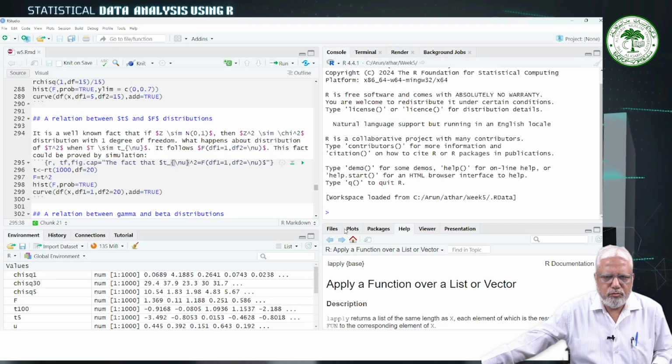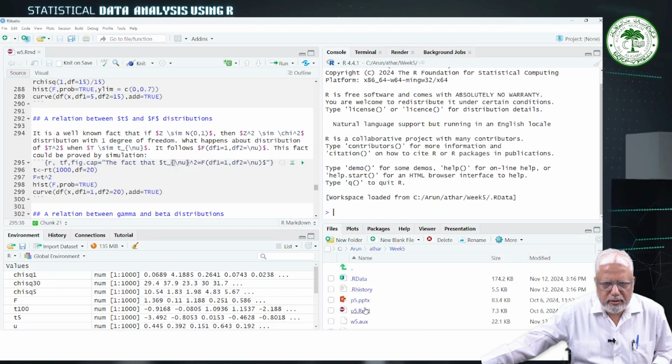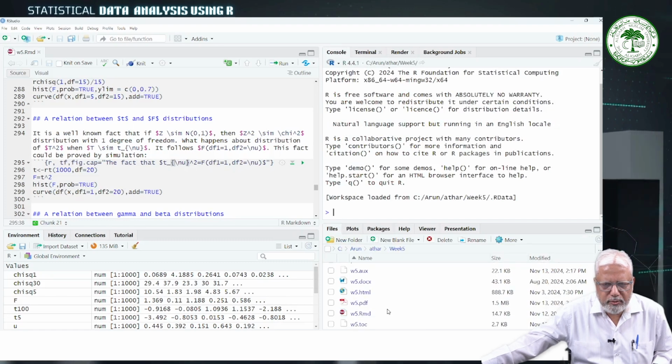Now I will go into file and open the PDF.